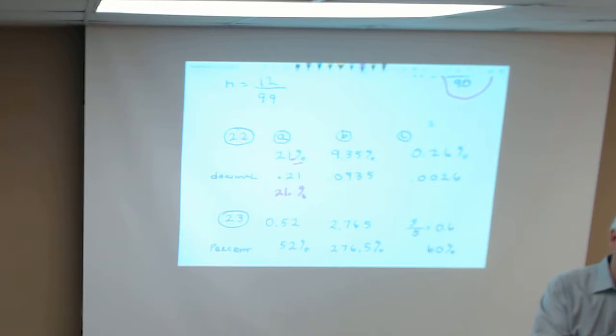And then to drop the percent sign, you just move it 2 places to the left, so it becomes 0.21. Here, to drop the percent sign, you move it 2 places to the left, becomes 0.0935. You follow the process? Here, to drop the percent sign, you move it 2 places to the left, 0.0026. Everybody see that?